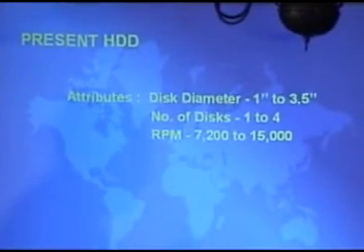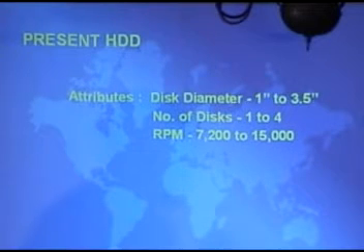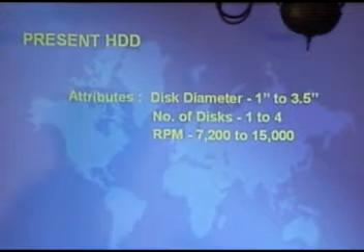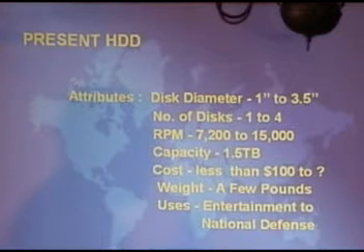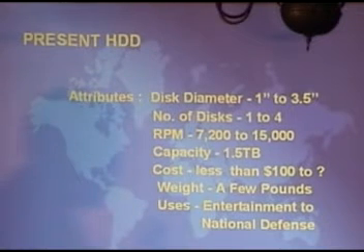RPM is now very fast, 7,000 to 15,000 RPM. Now why do we want it fast? It's mainly because you can retrieve the data very fast, because they stay on the track. Now the usage is very wide. It can be used for entertainment, playing games, all that stuff.